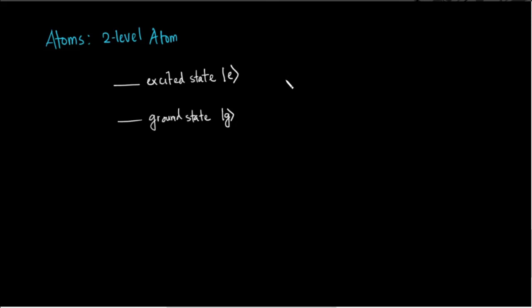If I have an atom that is in the state E, then I can say that it is in the excited state, or if it is in the state G, then it is in the ground state. But we can also have an atom that exists in a superposition of these states. We can have states like this: E plus 1 by root 2 G.